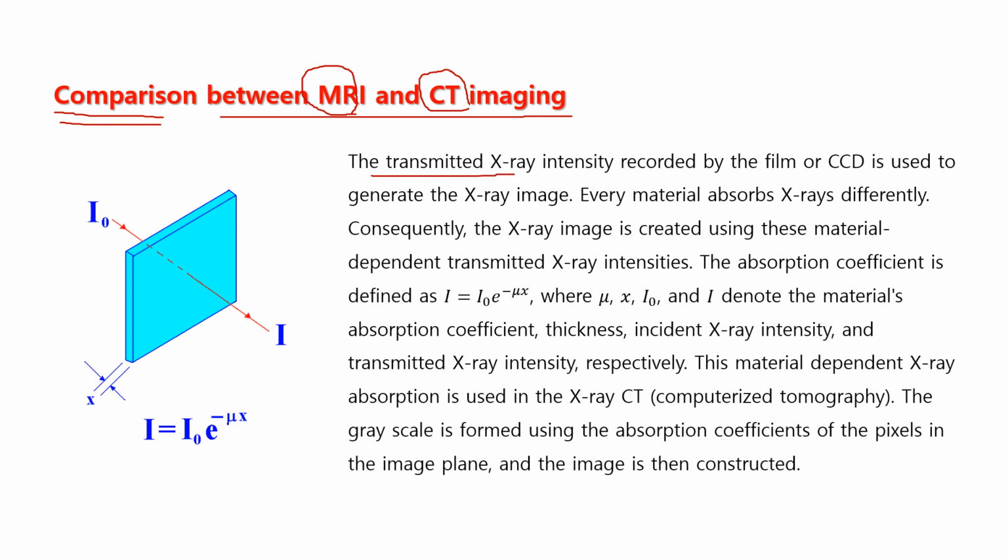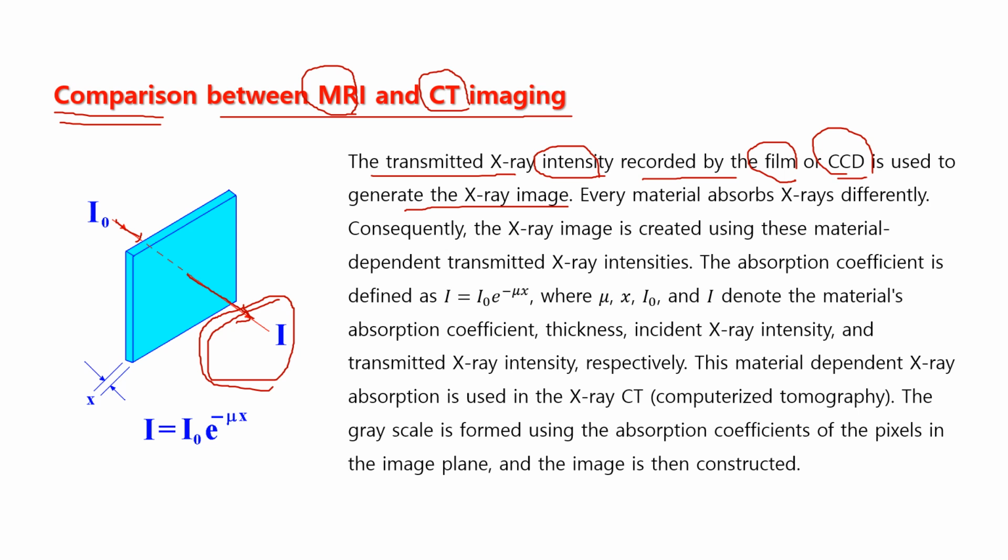The transmitted X-ray intensity recorded by film or CCD is used to generate the X-ray image. So we put film or CCD here, and the X-ray is transmitted through the material and can be detected here by the detector.